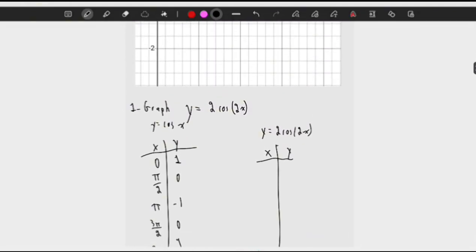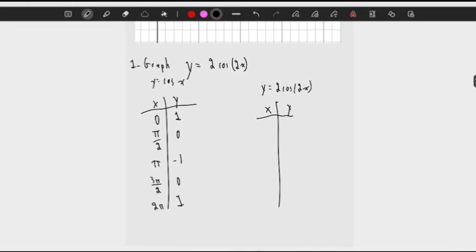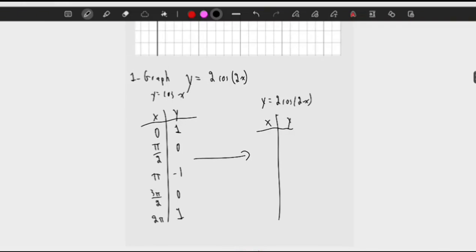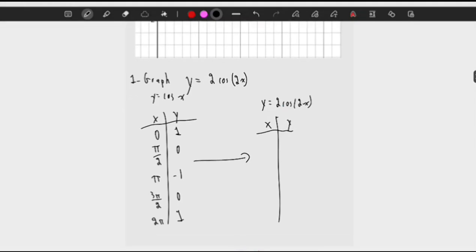So now, for the transformations, for the second table of values, we have to assess what transformations affect the x and what transformations affect the y. So when looking at our new equation, we can see that we have an amplitude of 2, which we know is a vertical stretch, which affects the y.